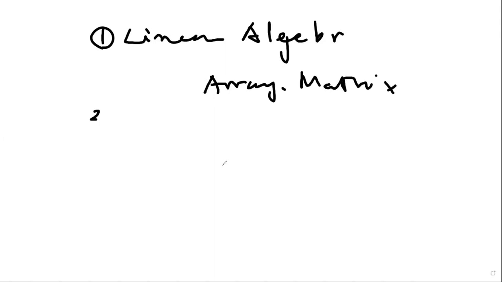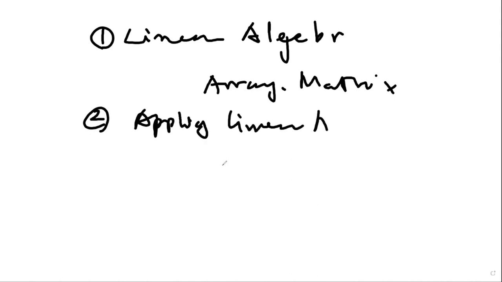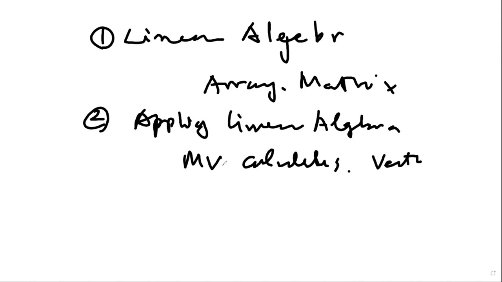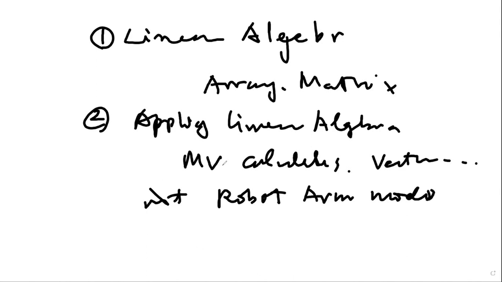Second, you need to know how to apply linear algebra, multivariable calculus, and vector theory to robot arm and motion modeling. These are the purposes of learning these different theories and then applying them.